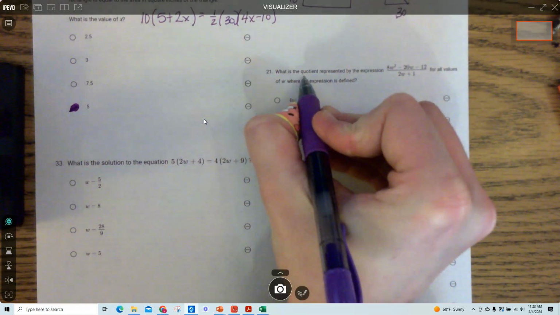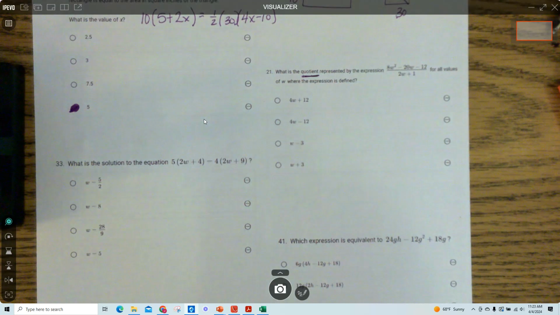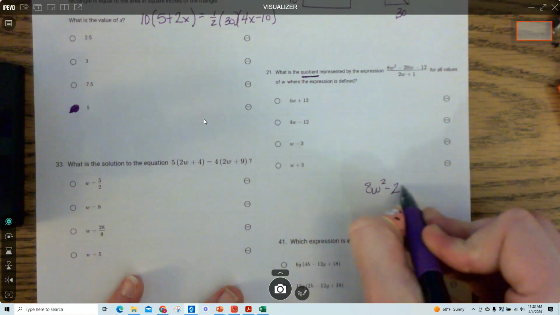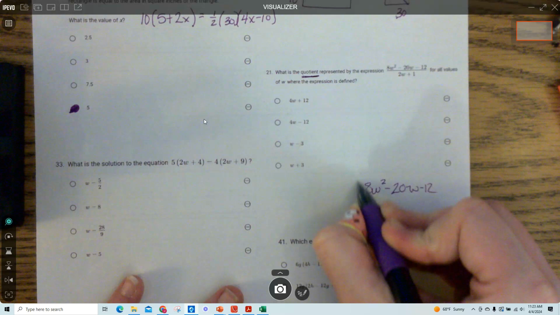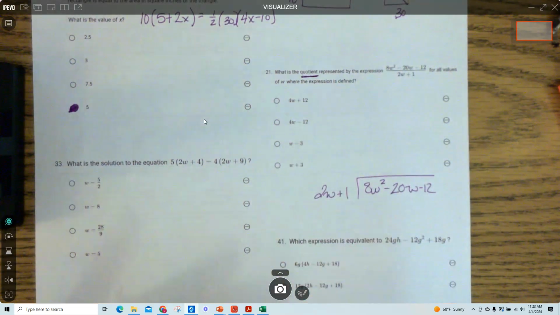What does the word quotient mean? Divide. All right, fractions are just division problems. That's all they are. It's what's on top, 8w squared minus 20w minus 12 divided by 2w plus 1.